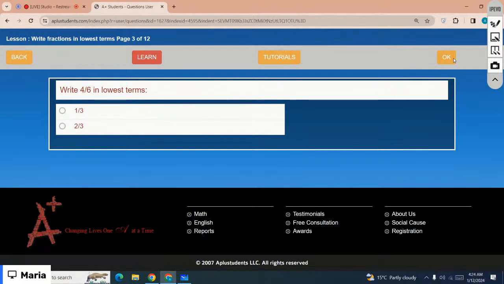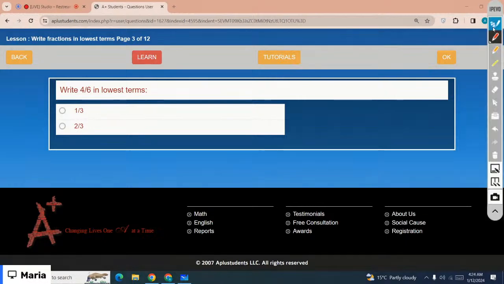Write 4 by 6 in lowest terms, which is the correct option. Because the common number that can divide 4 and 6 is 2, right? 2 is the greatest number that can divide both values.